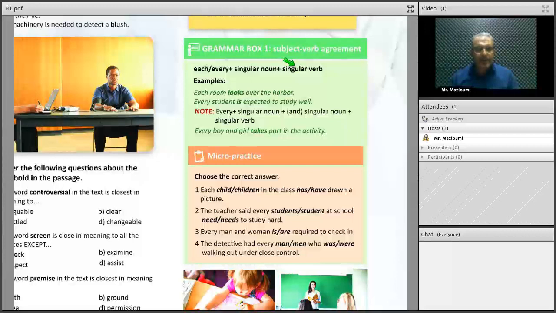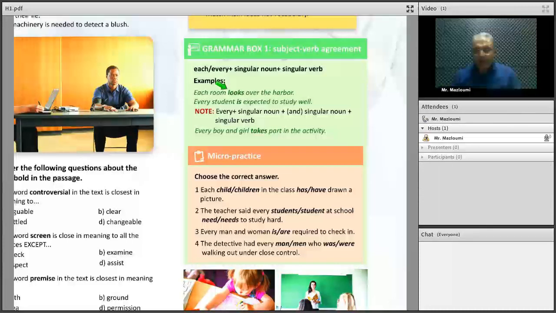Check out the examples. Each room looks over the harbor. It has a view of the harbor. You see each here. Room is a singular countable noun. Our verb looks, as you can see here, is singular. So it has a view of the harbor.